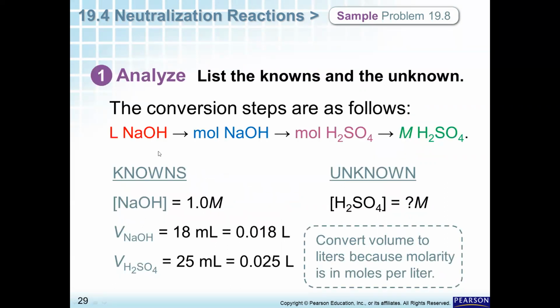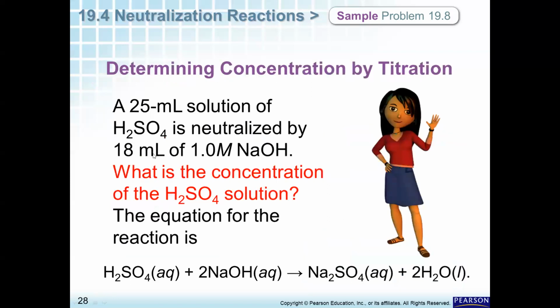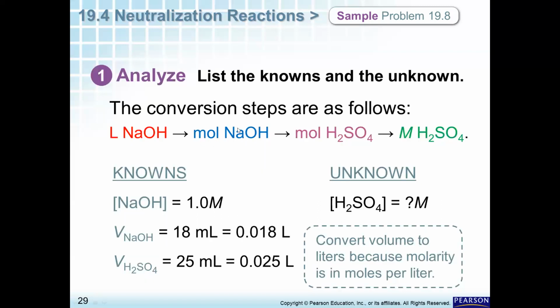We take the liters of sodium hydroxide. This is the one which is known. What is the volume of sodium hydroxide? It is 18 milliliters, which is 0.018 liters. Then we change that into moles of sodium hydroxide. How do we do that?